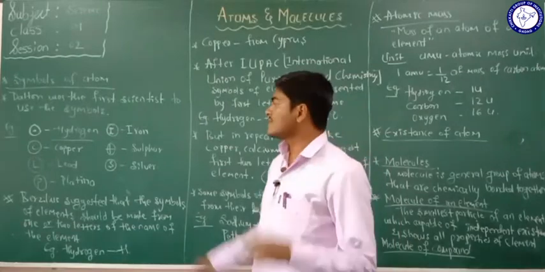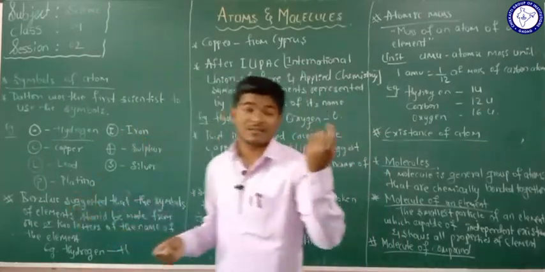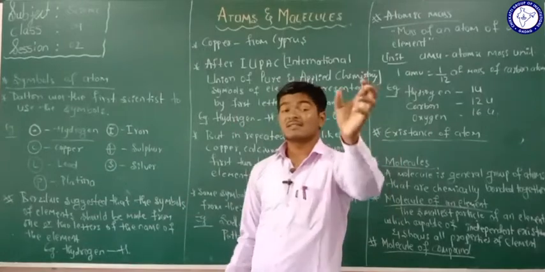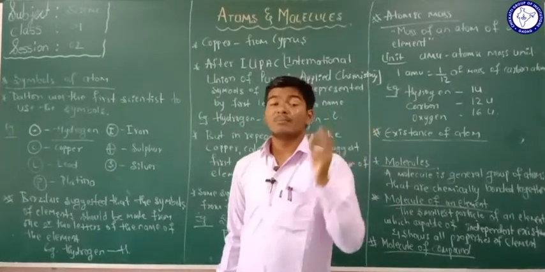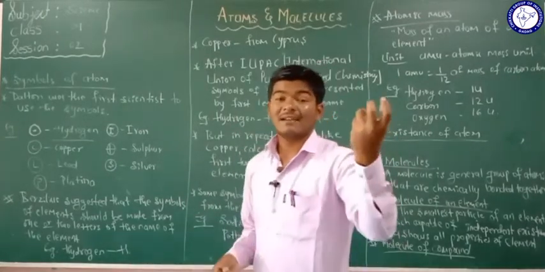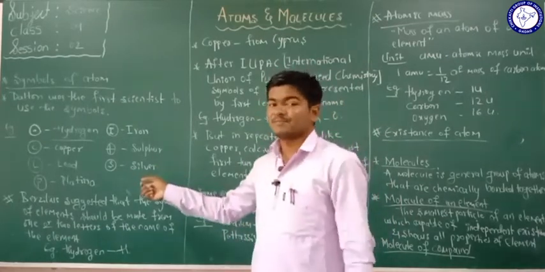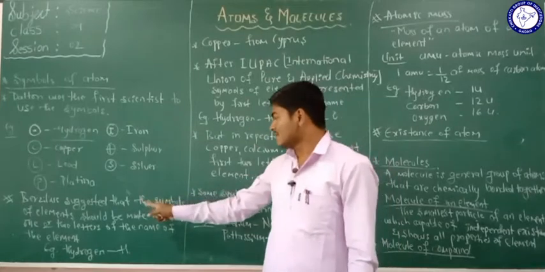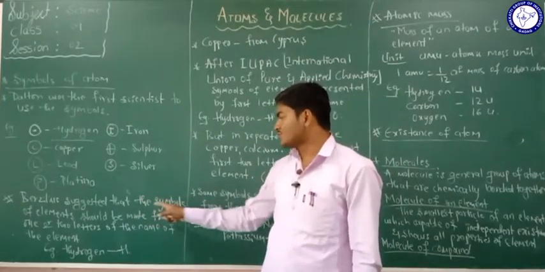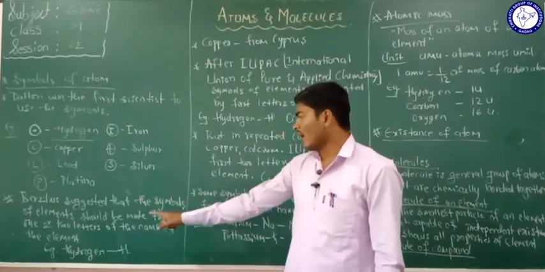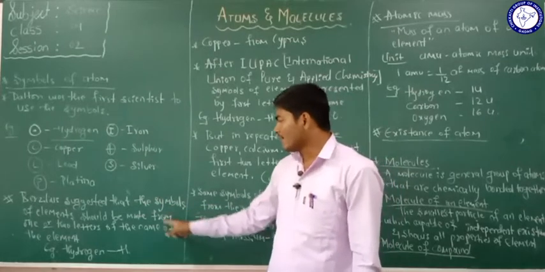Afterwards, for the symbolization of atoms, Berzelius suggested symbolizing the atoms by taking the first letter of the element's name. Berzelius suggested that the symbols of elements should be made from one or two letters of the name of the element.